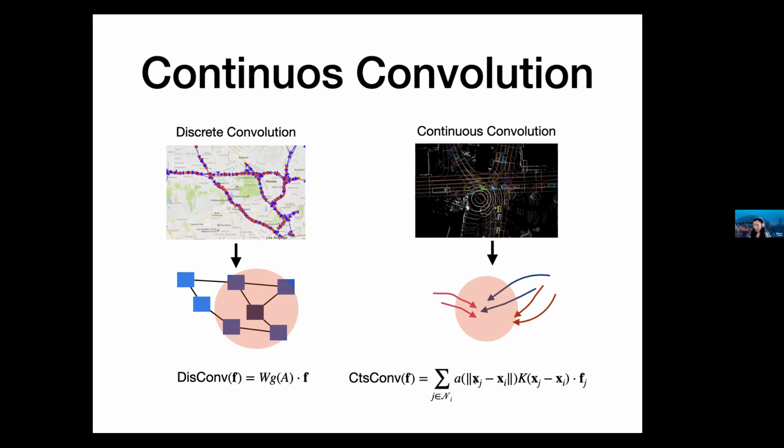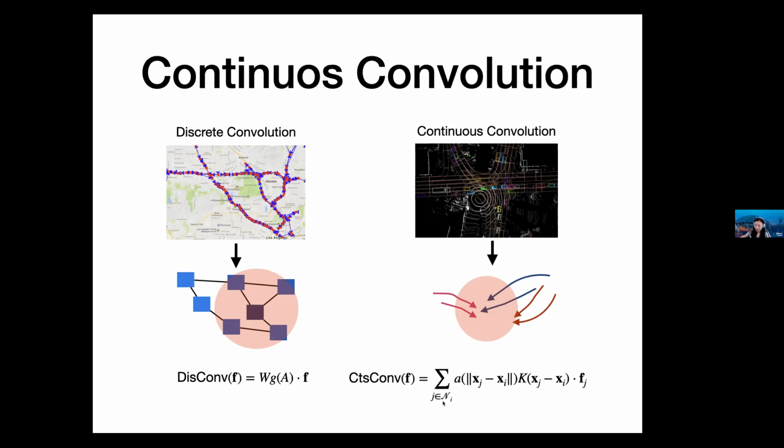In this case, xi and xj represent the 2D position of each car, right? xi is car i, xj is car j. And the feature of j is basically the velocity and angles for this particular car. So you can think of them as features of this position. Continuous convolution is built on the idea that when we look at the feature representation of a particular car i, we need to aggregate all the features around car i.